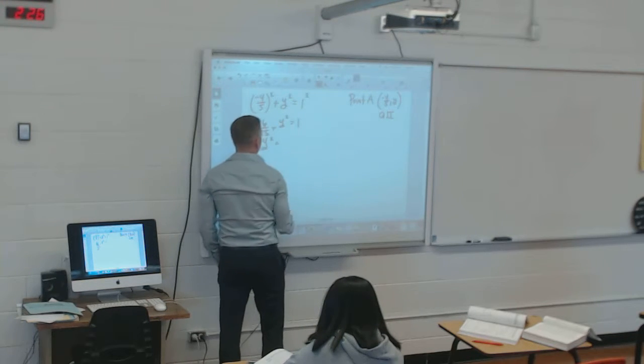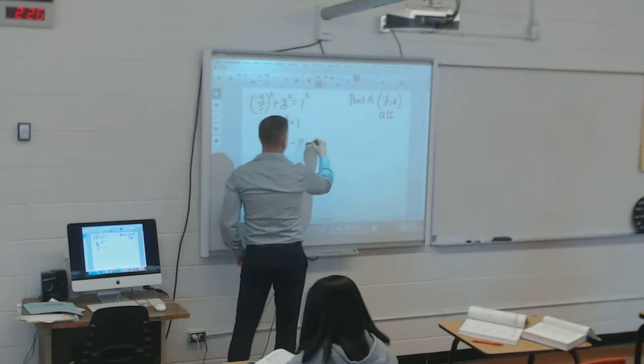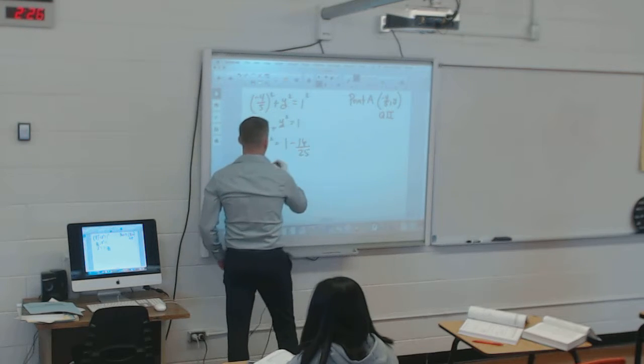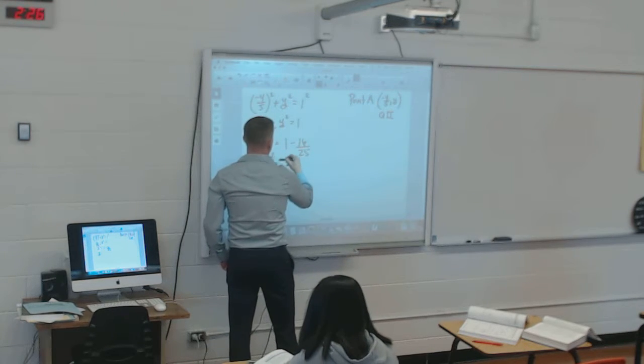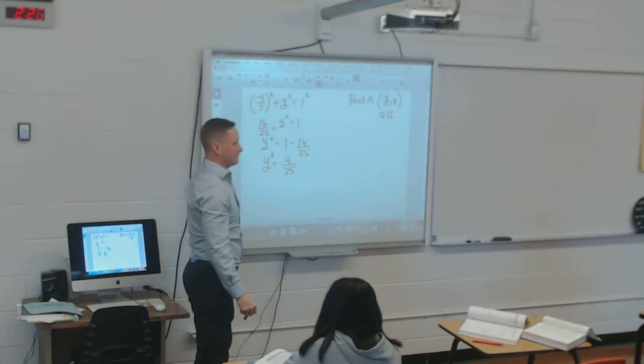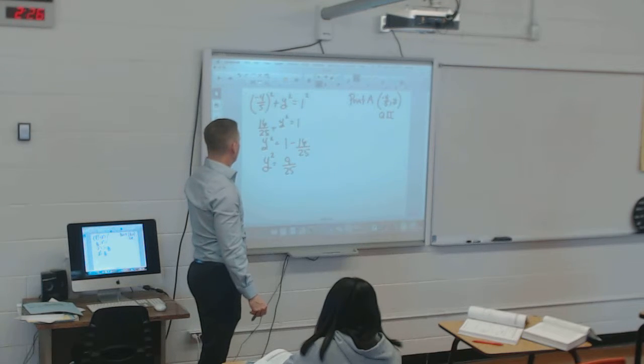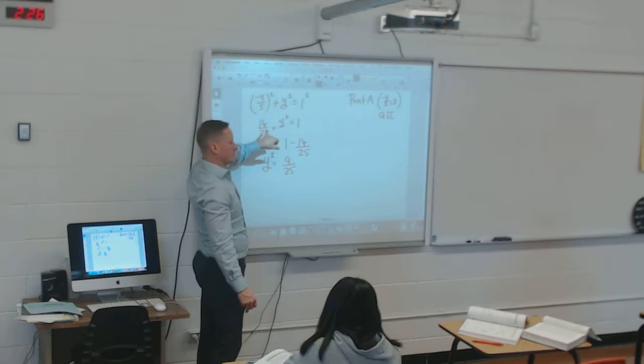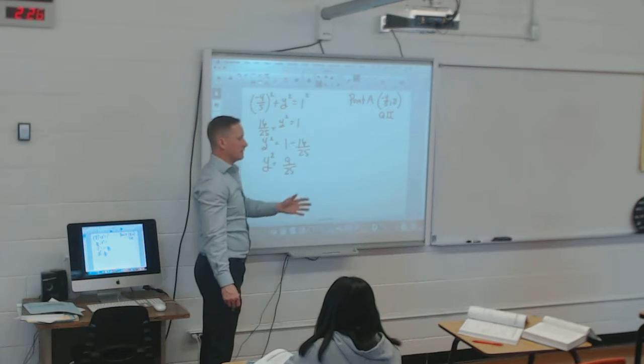Y squared is equal to 1 minus 16 over 25. Y squared is equal to 9 over 25. What's that? It'd be plus, or is it squared so it gets rid of the negative? Yeah, negative 4 over 5 squared is that. And then I subtract it.